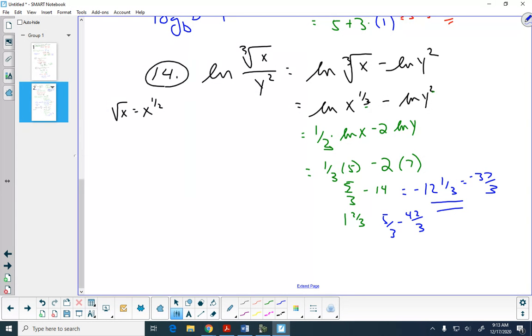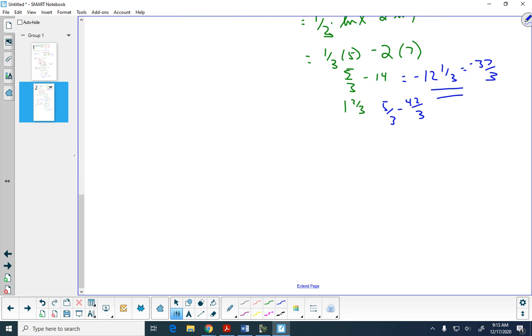All right, let's move to the second worksheet. We take a look at number 8. We have the log of x plus the log of x plus the log of x is equal to 6.